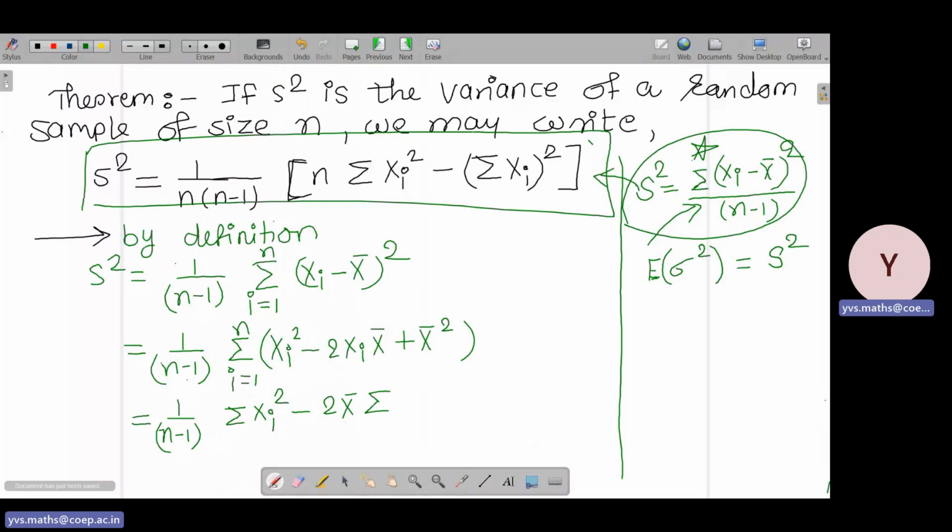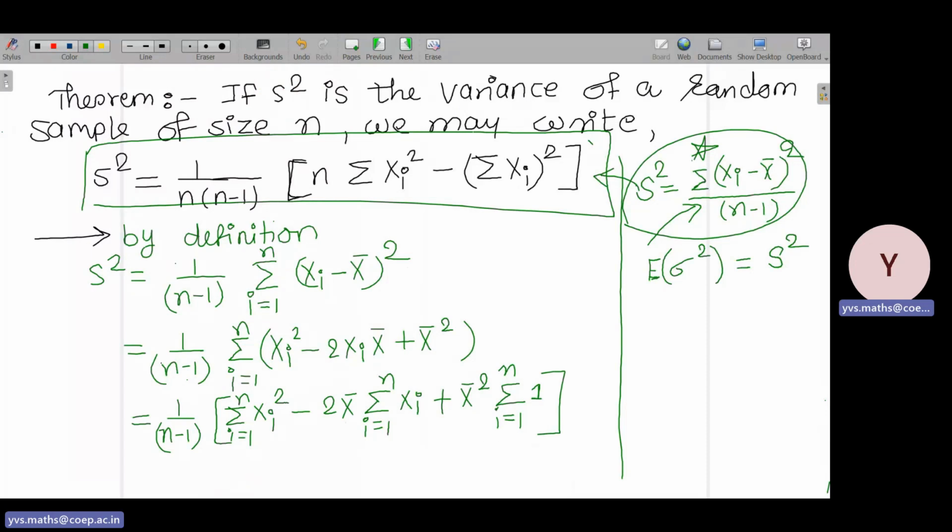So 2 x bar we take outside the sigma summation sign, and then we have summation xi. Again, in the third term, x bar square is independent of i, so we write it outside the sigma summation sign, with i running from 1 to n of summation 1. So this is the last state.